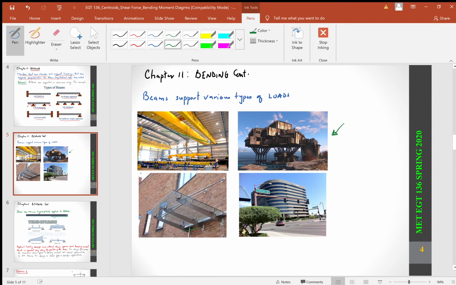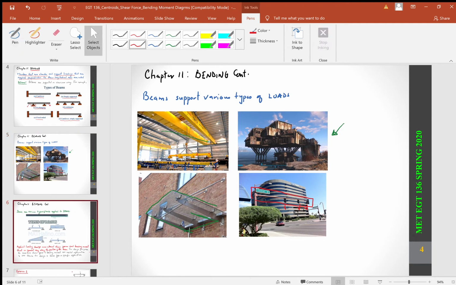Likewise here, you've probably seen this in different malls where you have these beams horizontally or in a perpendicular fashion to hold this glass in position. It's something that we normally come across every day. We see this pole here, which is really nothing more than a beam that has to hold these traffic lights at certain locations, and has to also withstand wind and other kinds of environmental weather conditions.